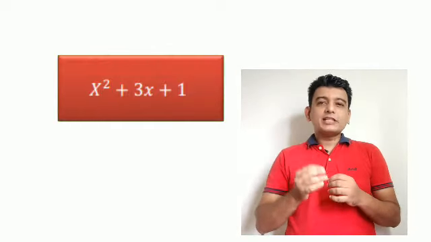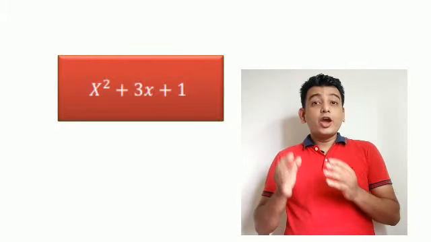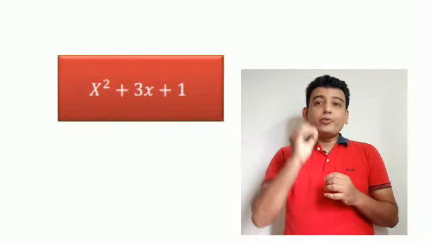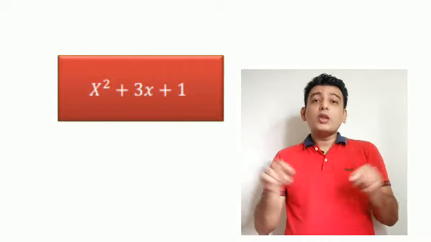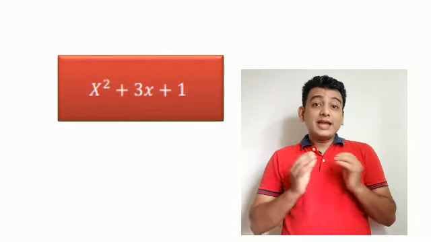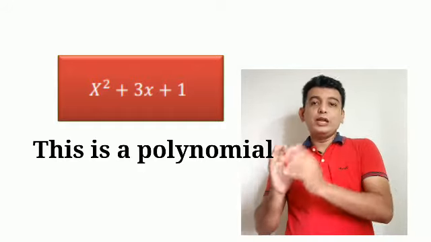Look at this expression, x square plus 3x plus 1. What is the degree of this algebraic expression? Here 2 is the degree of the whole algebraic expression and 2 is a whole number. That's why we can say that this algebraic expression is our polynomial.